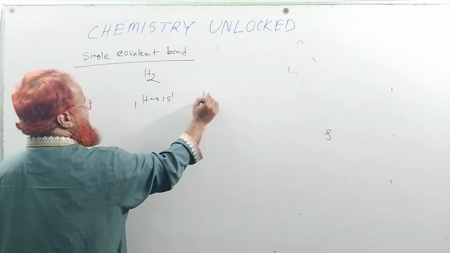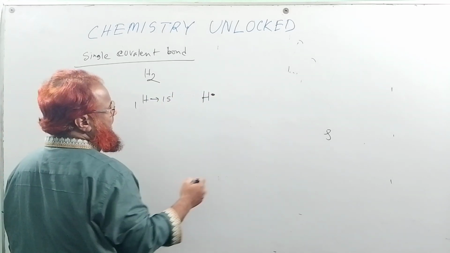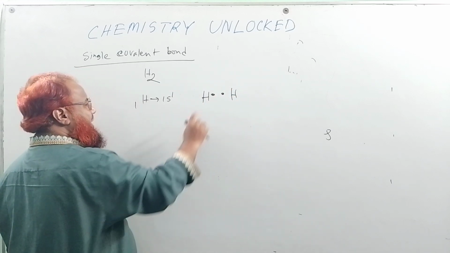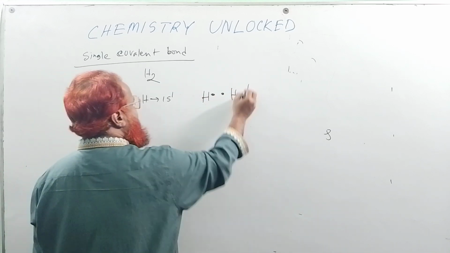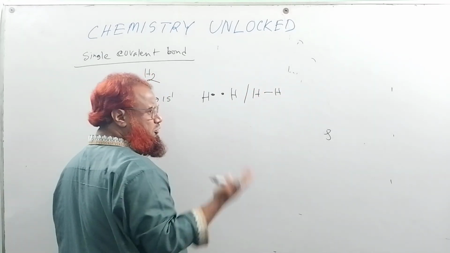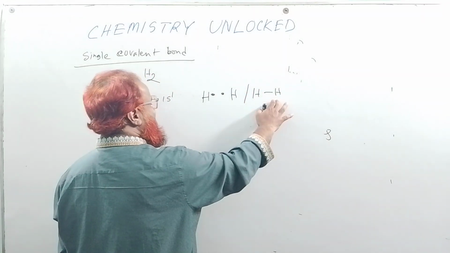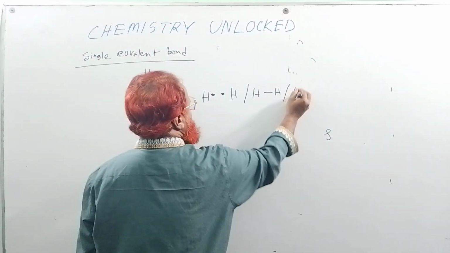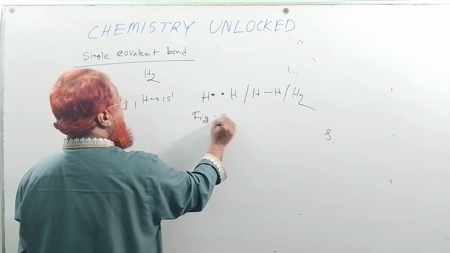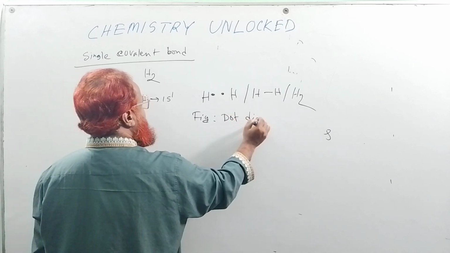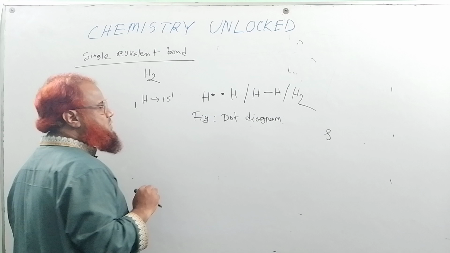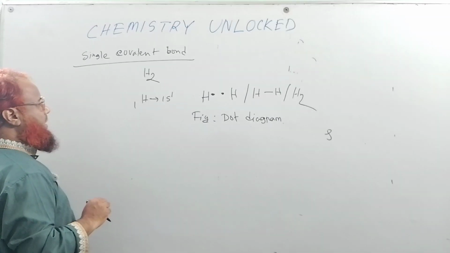One hydrogen has one unpaired electron, another hydrogen atom has another unpaired, and thus the two unpaired electrons become paired. That is single covalent bond between the two hydrogen atoms, and that is the H2 molecule. And this diagram is known as the dot diagram, because here a dot sign is used to indicate the electron.